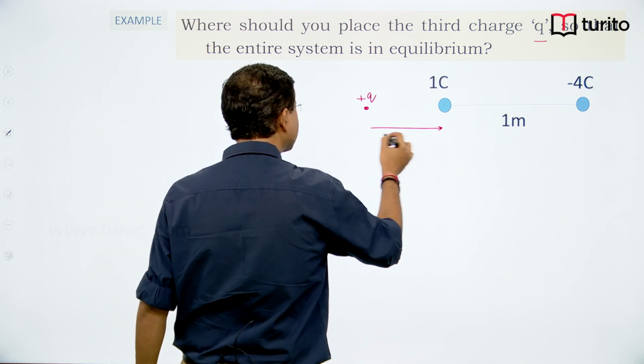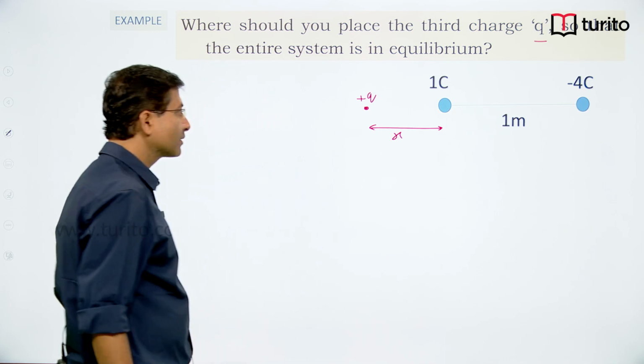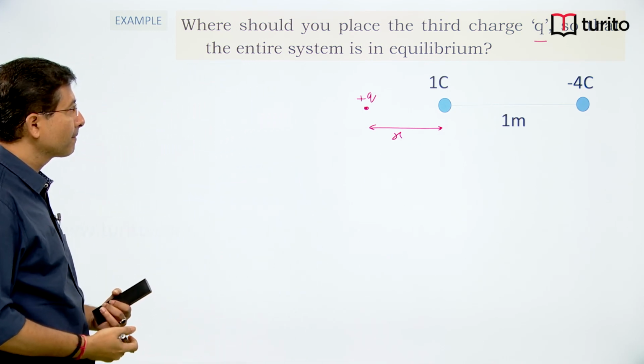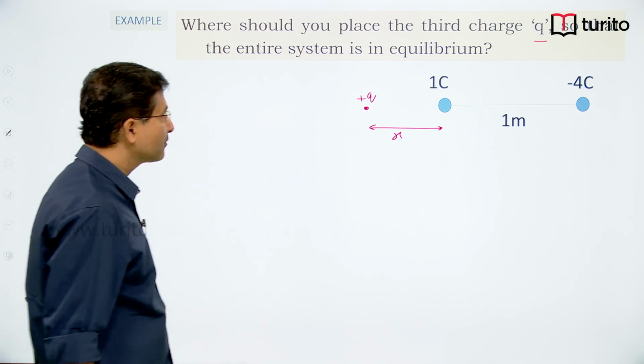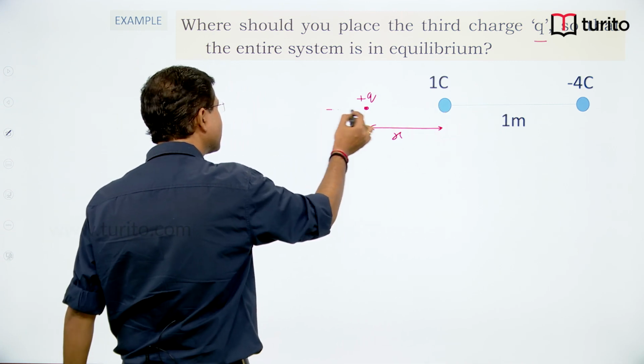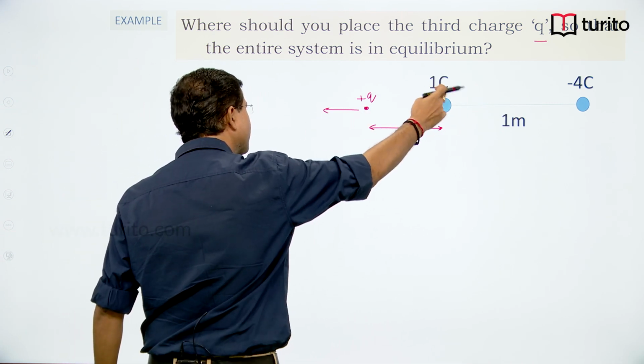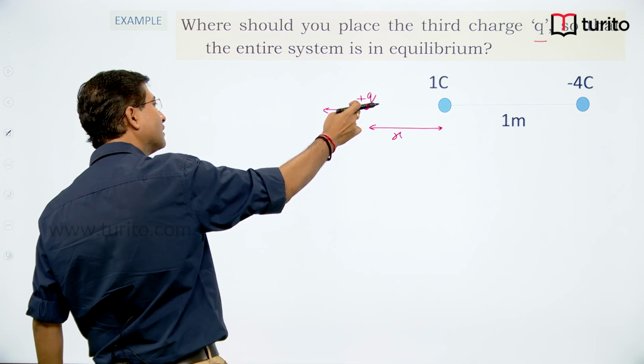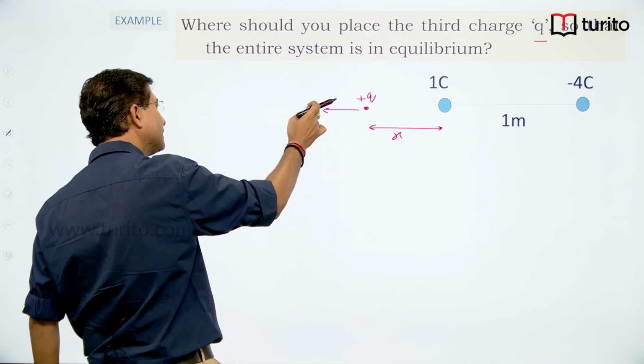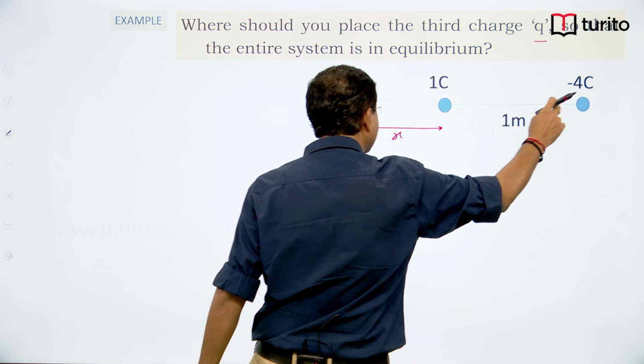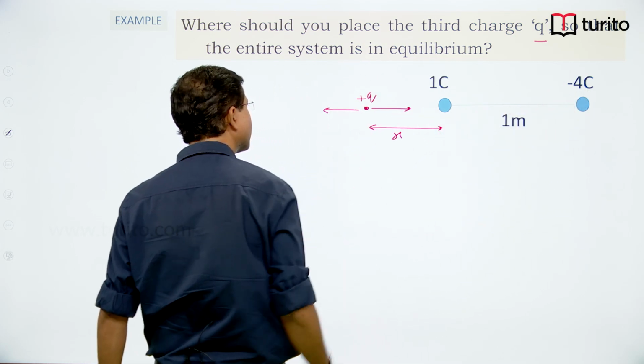Let it be at distance x, okay, and the force exerted by plus 1 Coulomb will be in this direction, and the force exerted by this one will be in this direction, right.